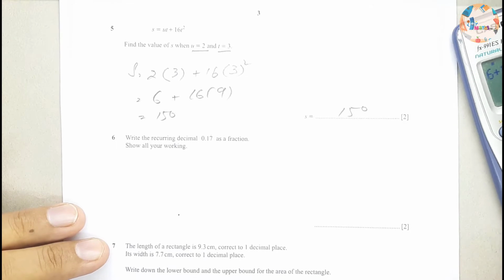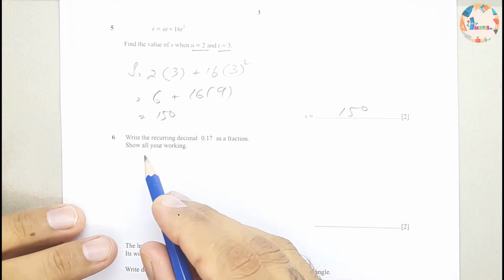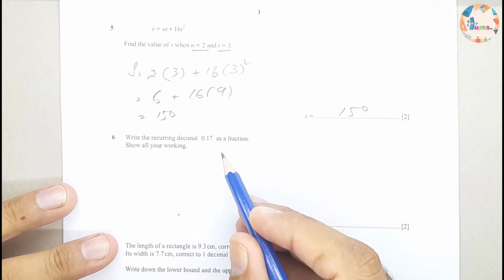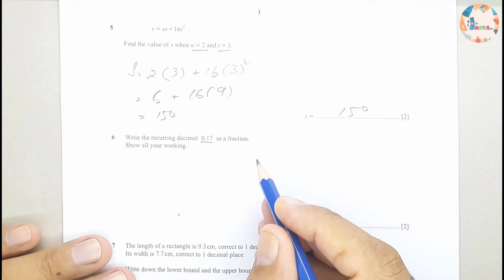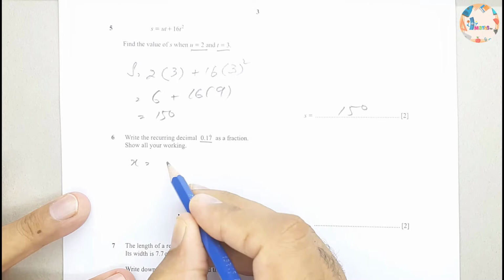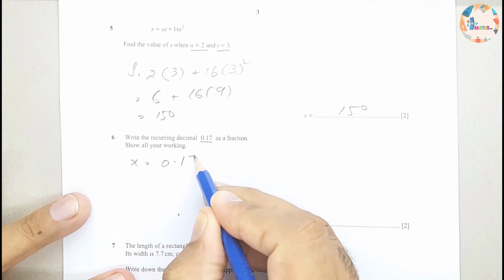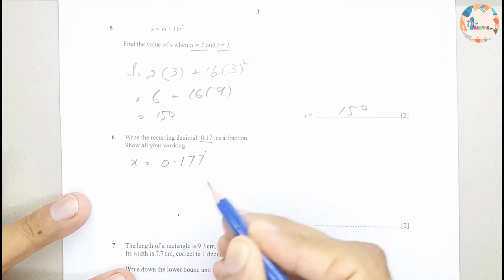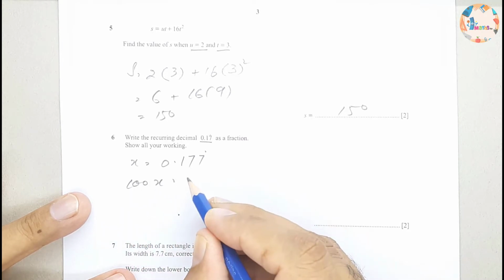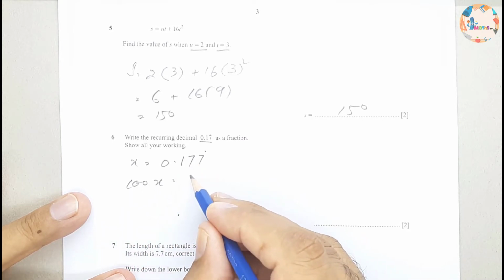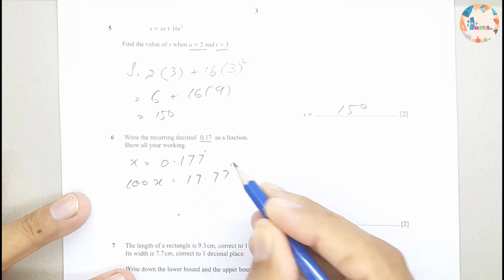Then comes the next question, number 6. Write the recurring decimal 0.17 as a fraction. So x we can write as 0.177 recurring, and then we can write 100x. 100x will be equal to 2 digits next, so 17.77 recurring.